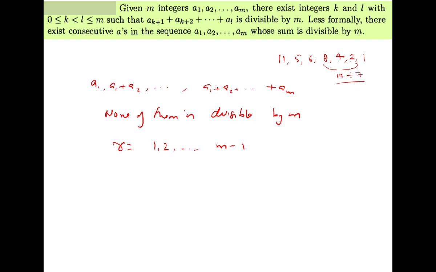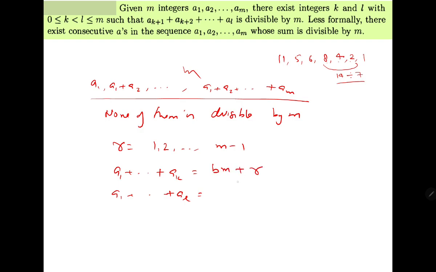Now try to think how the pigeonhole principle would come into the picture. There are m sums and m minus 1 remainders. It means that there must be at least two sums having the same remainder. So one is a1 going till a(k), and you can write it as bm plus r, and the other, a1 till a(l), you can write as cm plus r.